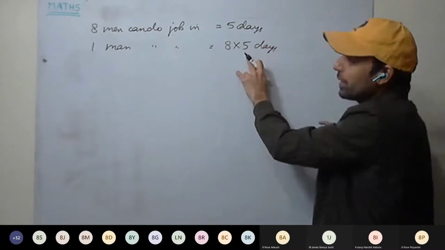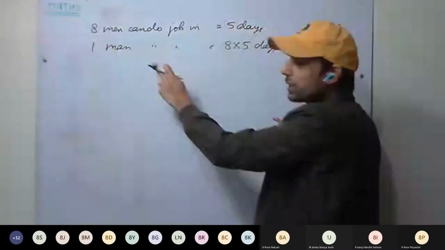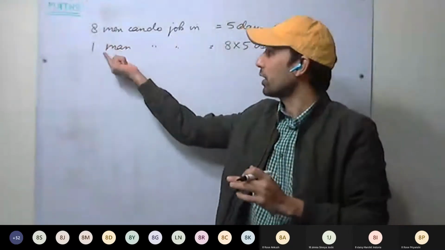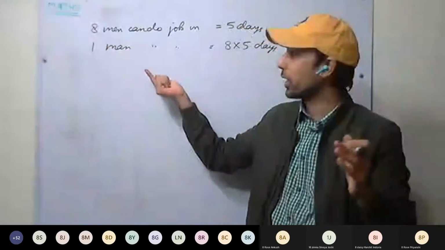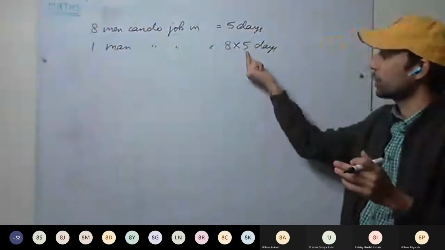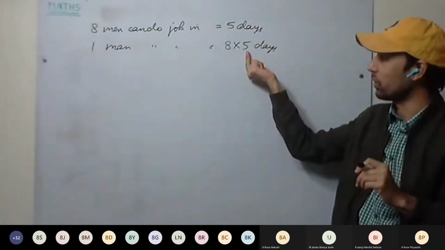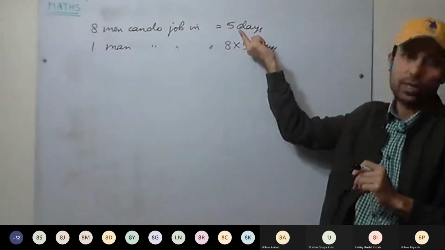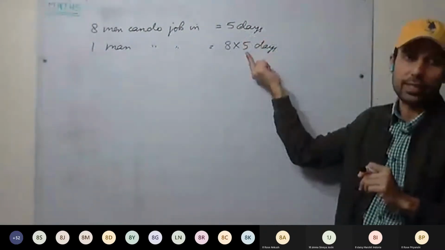So why have we multiplied? See here, men are decreasing. That means fewer men are there. Now 8 men are doing it in 5 days. 1 man will take much more time, a much greater number of days. Therefore, we have to multiply. Okay, this is one way to know. The answer must be more days as compared to 5 days. So we will multiply with 8.